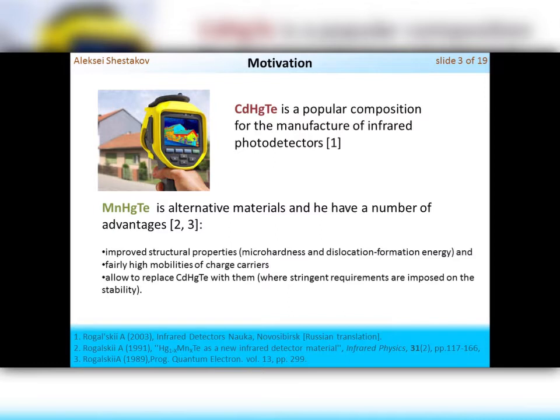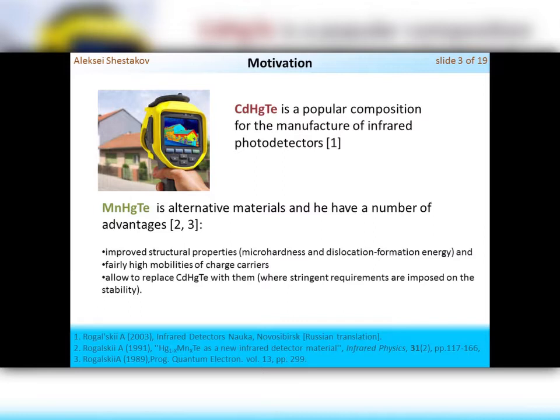Semiconductors with variable band gap and impurity concentration are most used in the fabrication of infrared photodetectors. A popular compound is cadmium mercury tellurium. However, this compound has instability of the lattice, surface, and interface boundary. Alternative materials such as manganese mercury tellurium and zinc mercury tellurium have a number of advantages that have been studied.